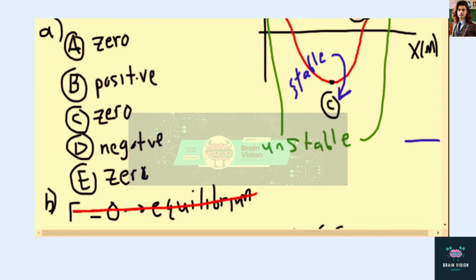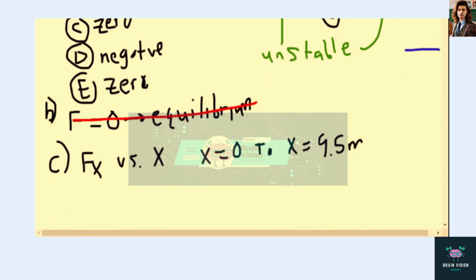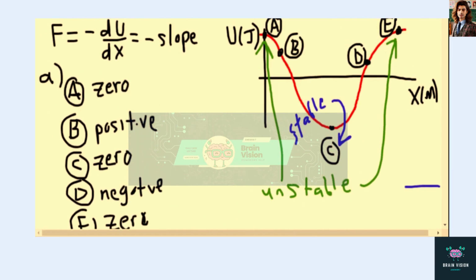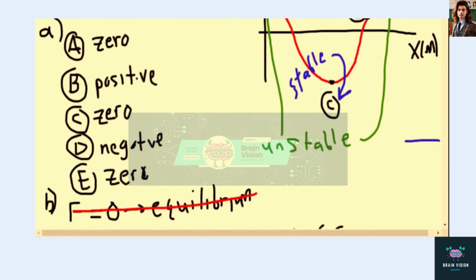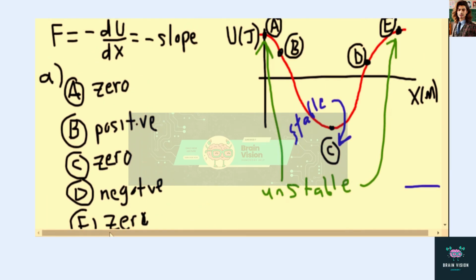We are told that unstable equilibrium is when the potential energy is maximum. I see that point A is the maximum and point E is a local maximum, so I'm listing both of those as unstable.